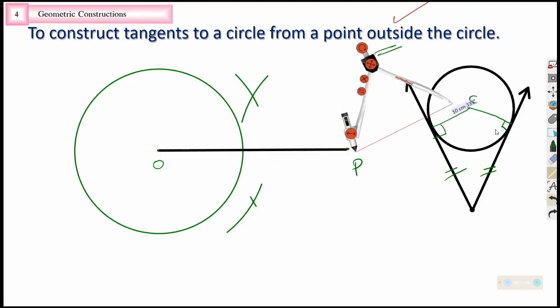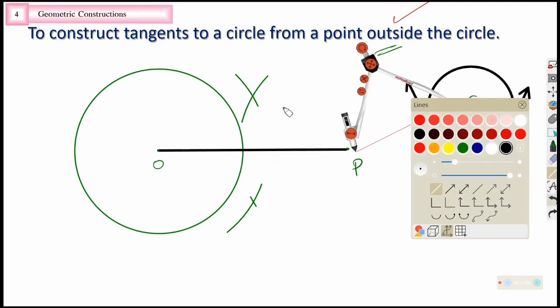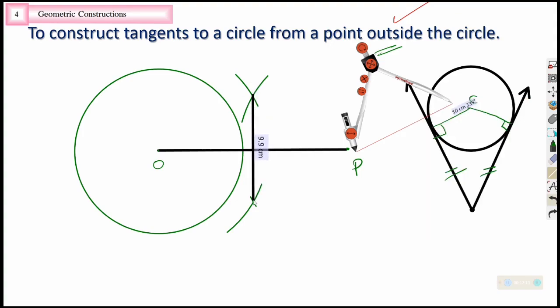This is the perpendicular bisector if connected. Understood? We got the perpendicular bisector, which means this length will be equal to this length.